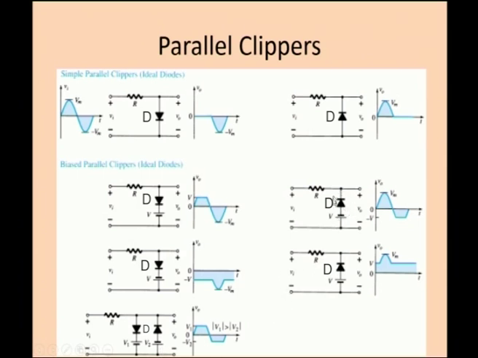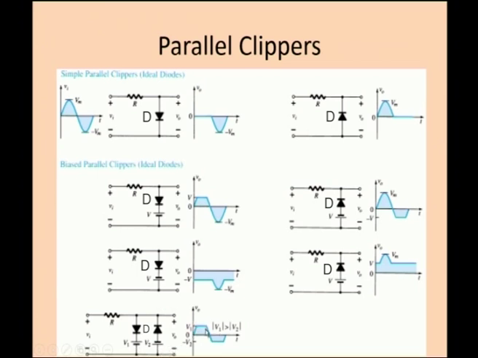This diode and the DC supply combination is given here, and the positive clipper and the negative clipper in the parallel clipper are combined together. Take this DC supply as V1 and this DC supply as V2. If V1 is greater than V2, what happens?